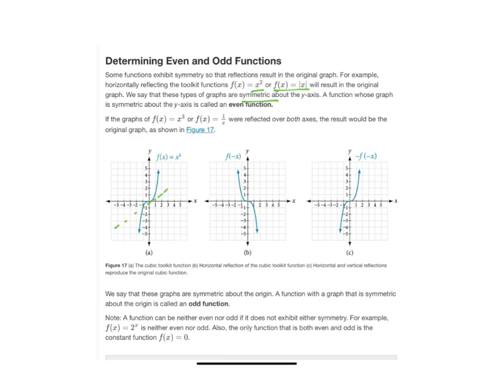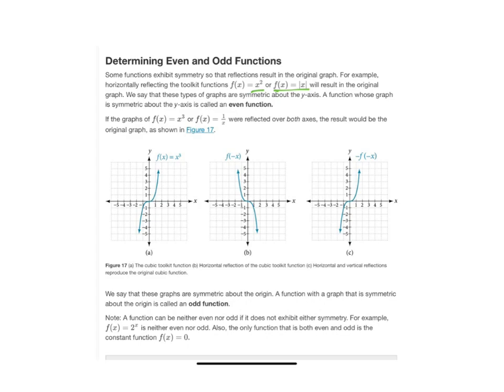okay, a lot of times they'll say it's symmetric about the origin. Meaning if I flip it and flip it again, I should get the same thing. Imagine if we reflected it once over the y-axis and then again over the x-axis. Then I get the same thing. Okay, that's called an odd function.